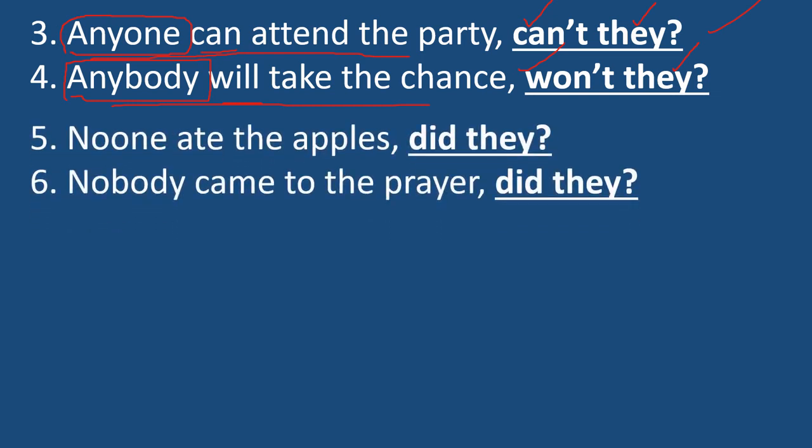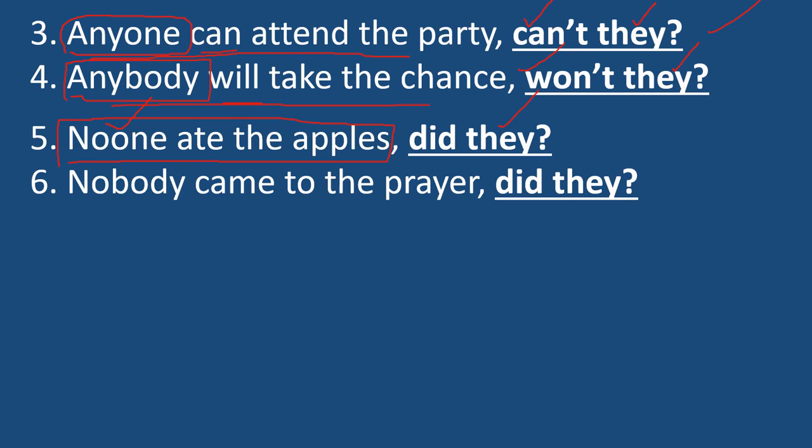Next one, no one ate the apples. In this statement, no one is an indefinite pronoun, so we should write the subject pronoun as they. This statement gives the negative sense because there is a word no one. That statement gives the negative sense, so we should write the positive question tag.